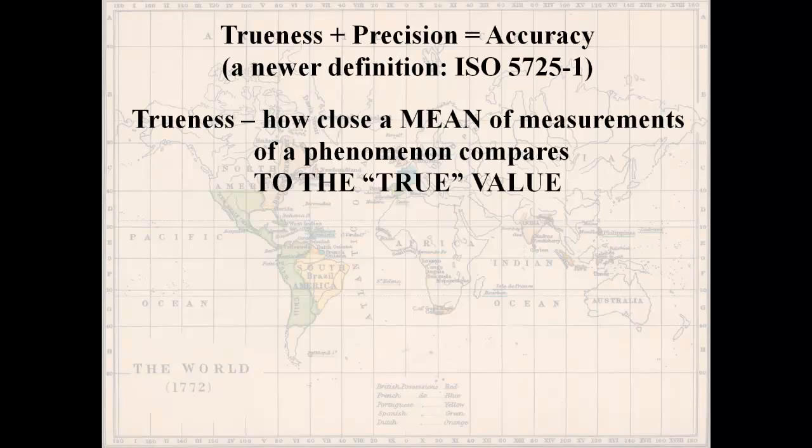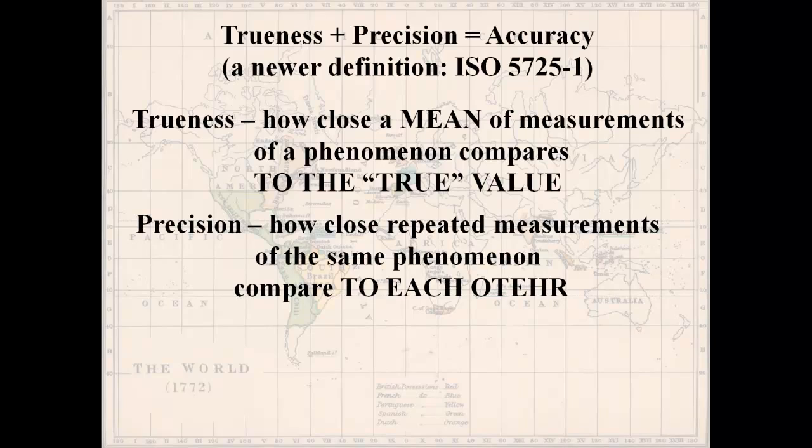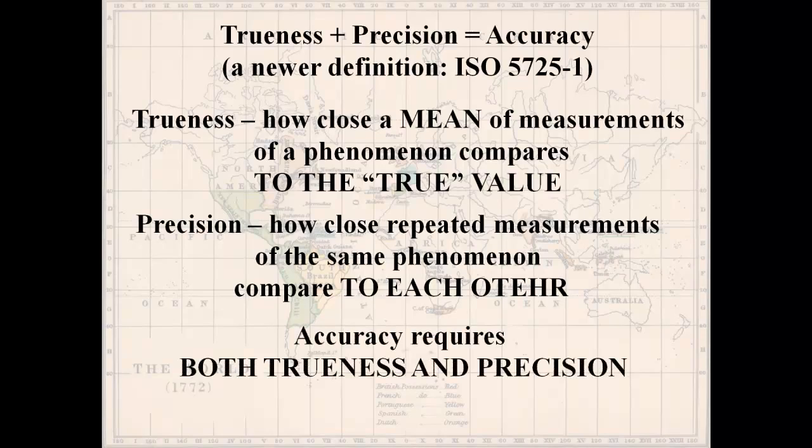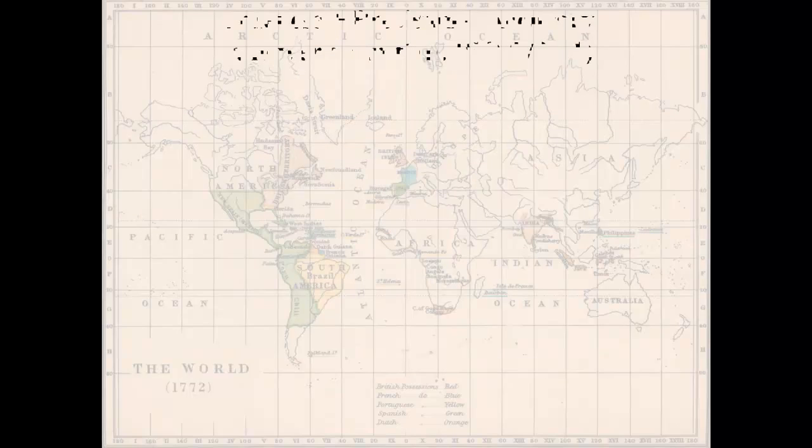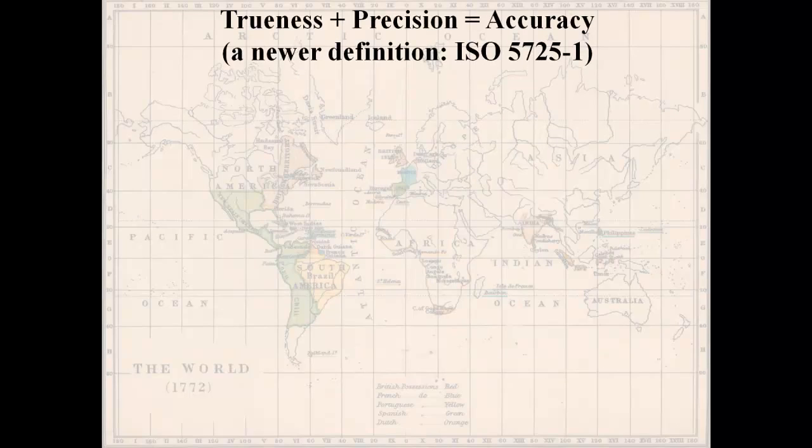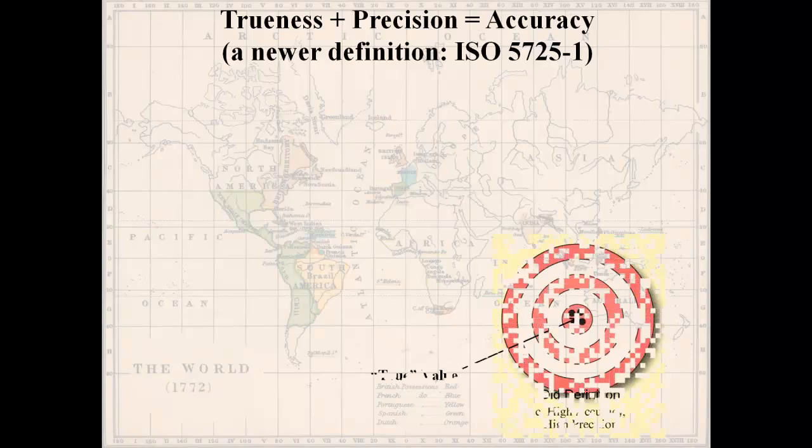It's how close a mean or average of measurements is to the true value. Kind of like what we thought of as accuracy before is maybe trueness now. Precision is the same. It's how close repeated measurements are to each other. So in order for something to be accurate according to the new definition, it has to have both trueness and precision. Okay, trueness plus precision equals accuracy.